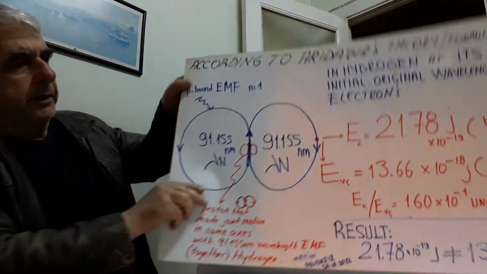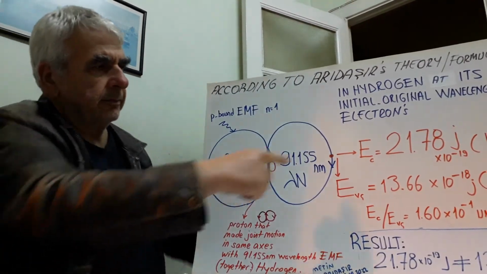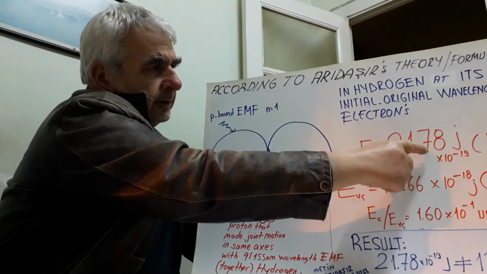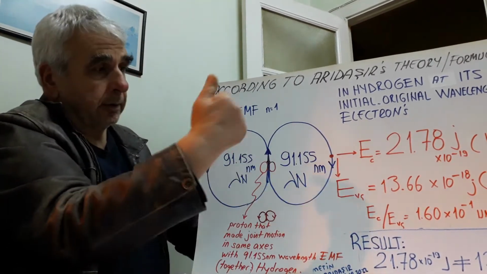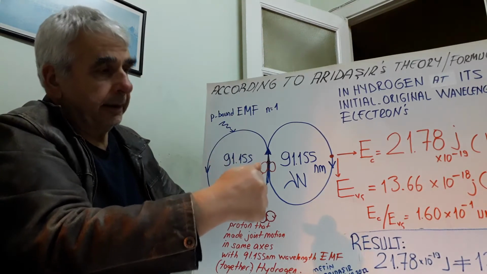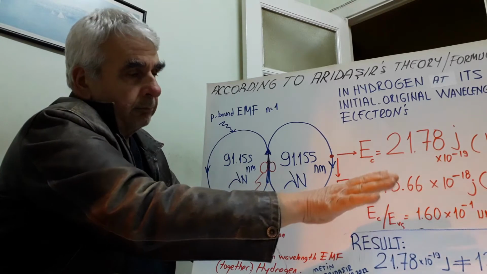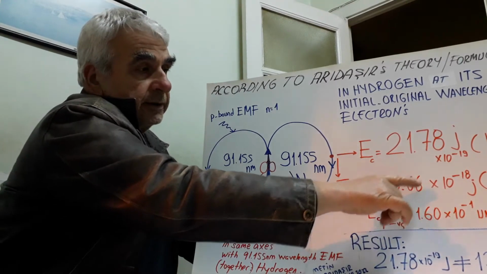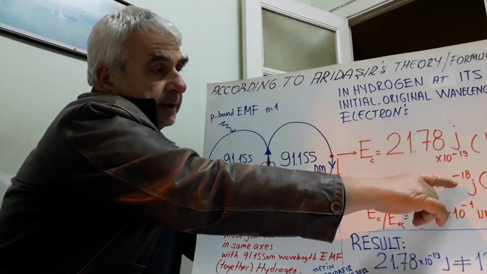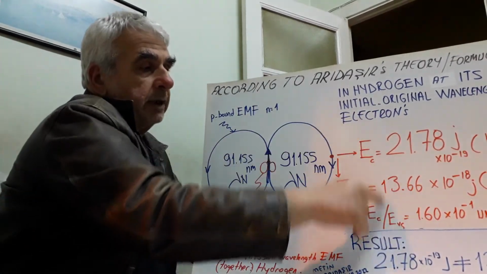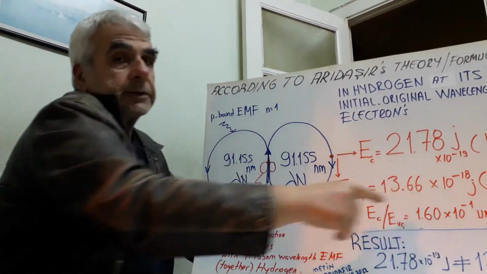But here, according to me, 21.78 joule and a different 13.66 10 to the minus 18 joule. Joule, and we divided that, unitless.